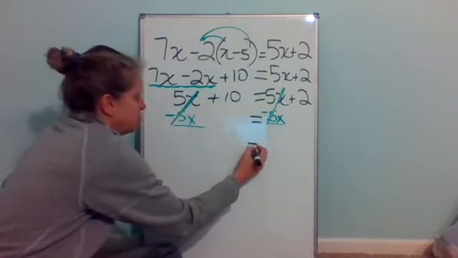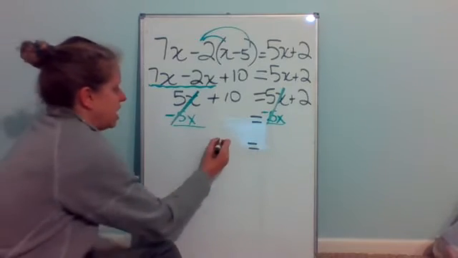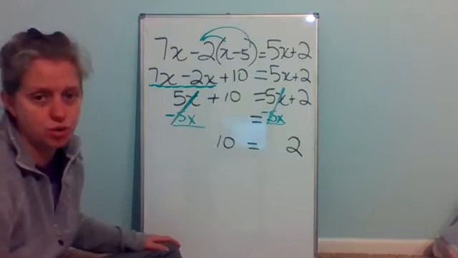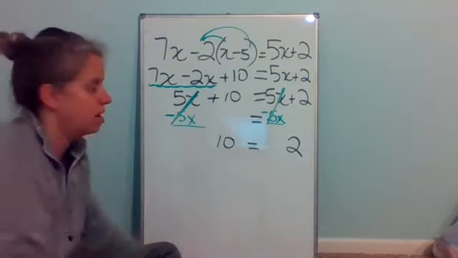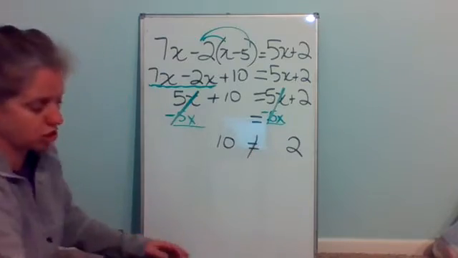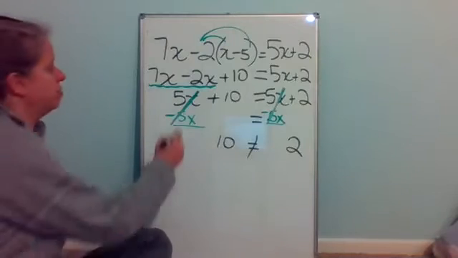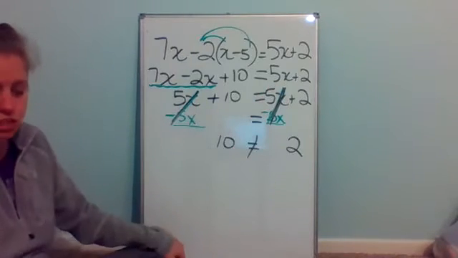If you have left something that is not a true statement, like here, all I have left on the left side is 10 and on the right side is 2, which is obviously not true, right? 10 does not equal 2, which means you choose the one that says the solution is the null set, that bottom one, C. There is no answer to this problem because when you were solving it, both of your x's canceled each other out.